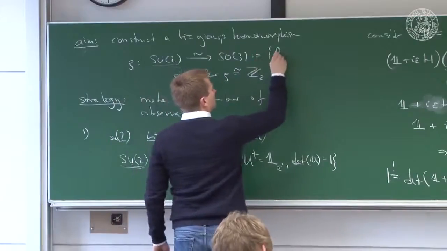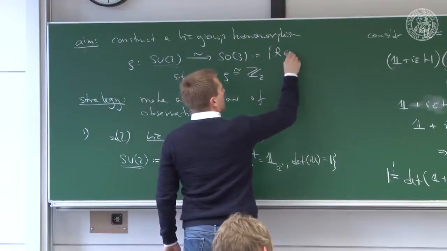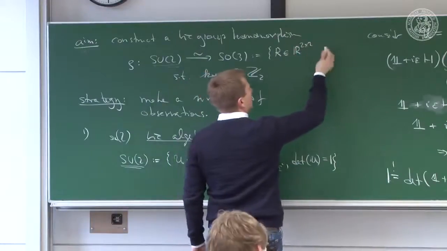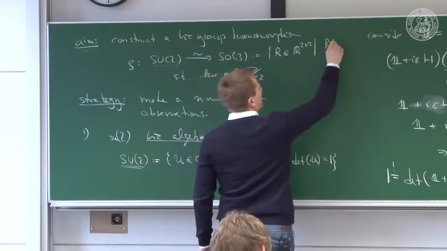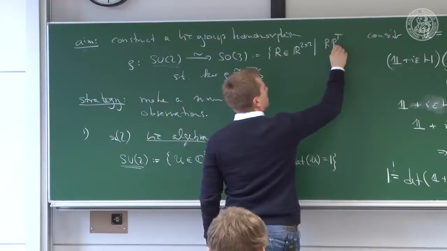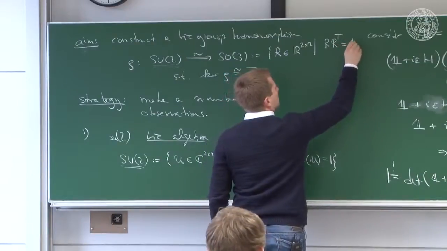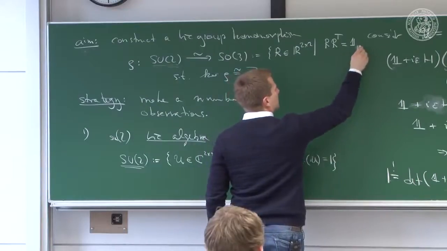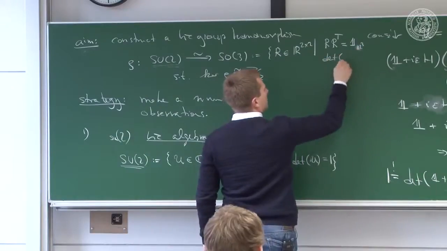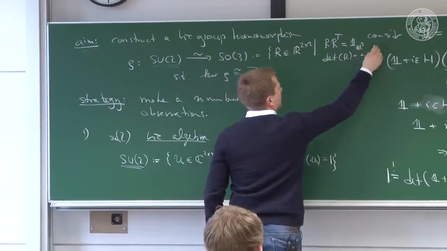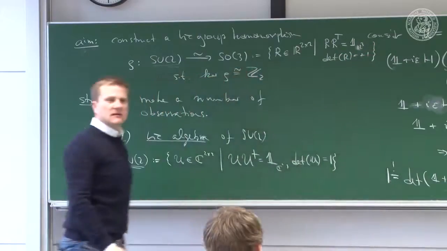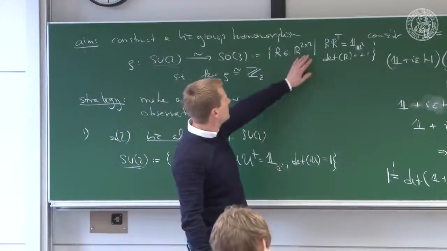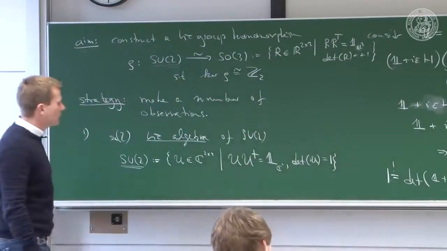defining representation acts on R3, from R3 to R3, and we know that this is R transpose R equals the identity, but now in 3 real dimensions, in R3, and the determinant of R is +1, right? We know that this is the defining representation of SO3.